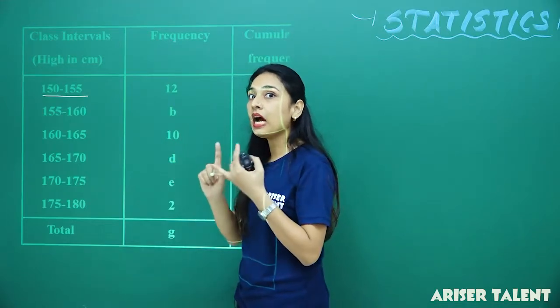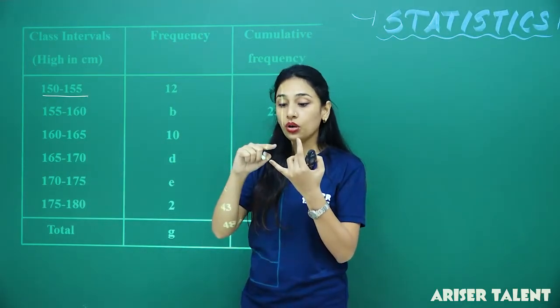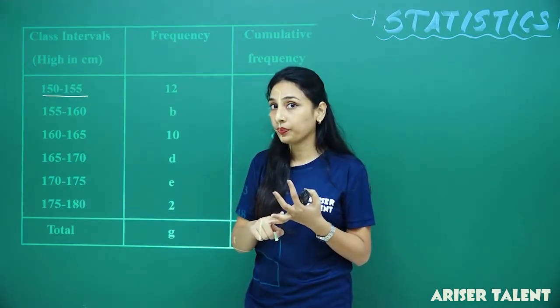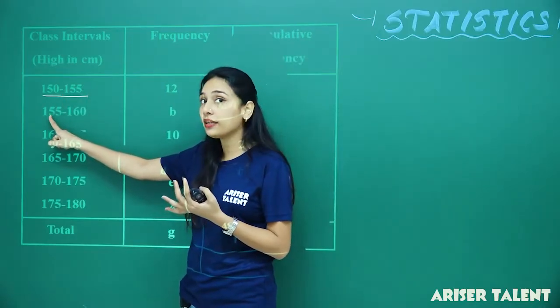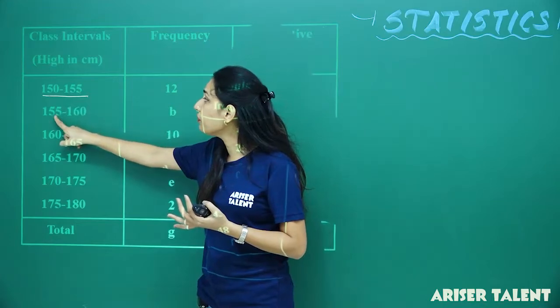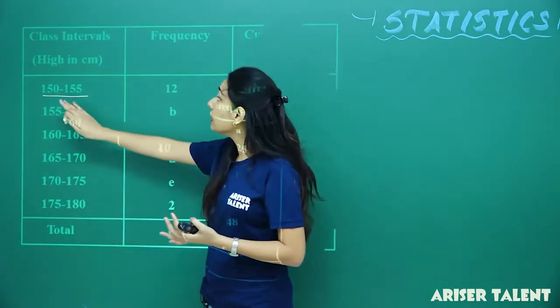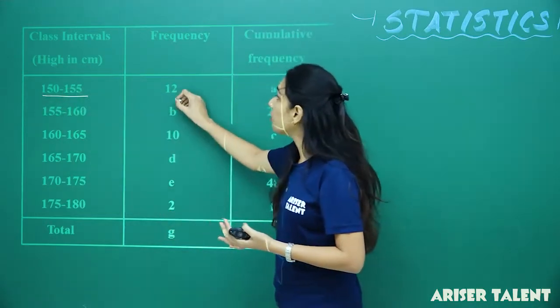That means their height may be 150 centimeters to 151, 152, 153, 154, but not 155. 155 is included in the next one. So 150 to 154 here, 155 to 159 here, and so on. And the number of students having height in this range is equal to 12.